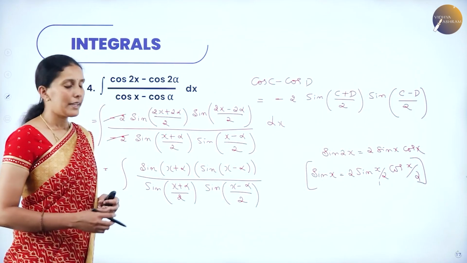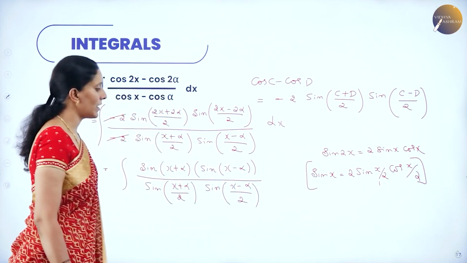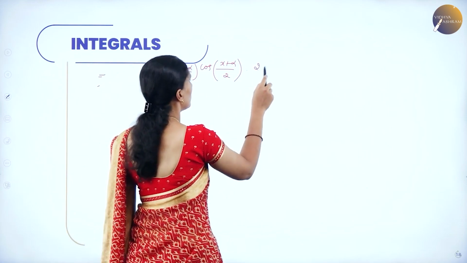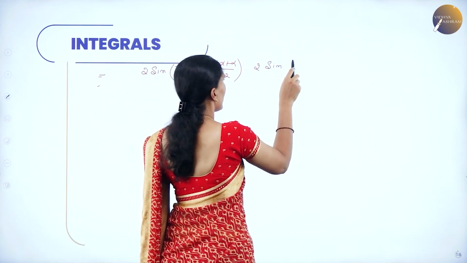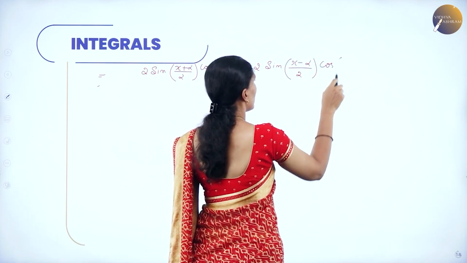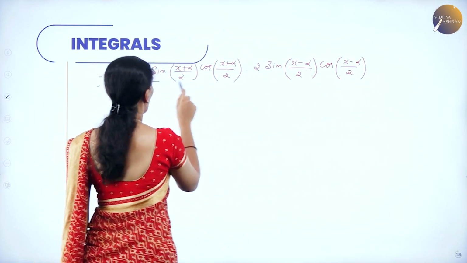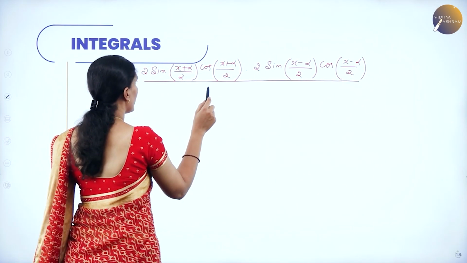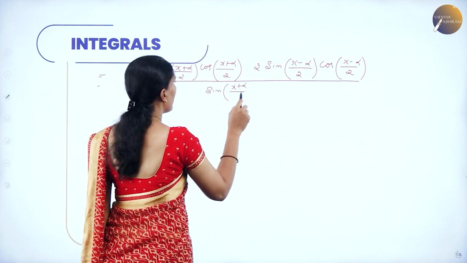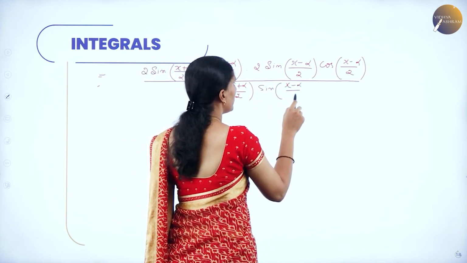And here, next we have sin (x minus alpha). So in the place of x, you just replace with x minus alpha. So here it becomes 2 sin (x minus alpha) by 2 cos (x minus alpha) by 2, whole divided by, in the denominator we have sin (x plus alpha) by 2 sin (x minus alpha) by 2.